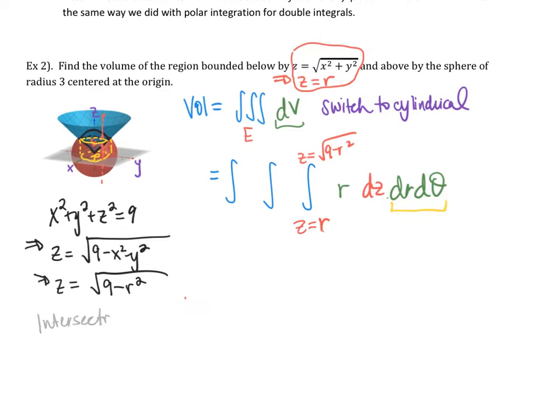Okay, so the intersection, I would recommend you do it in cylindrical. This is the intersection of the cone with the sphere. z is r, and z is the square root of 9 minus r squared.